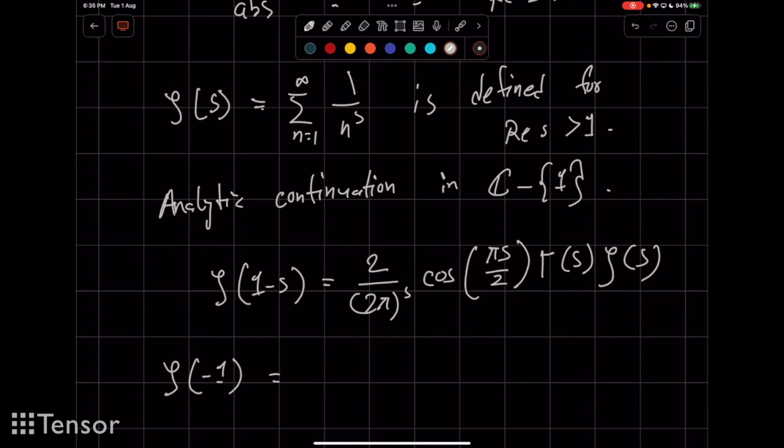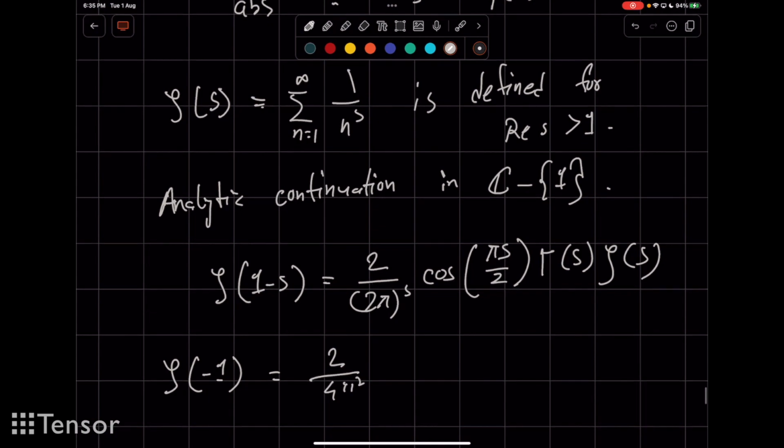It's 2 over (2 pi) squared, that is 4 pi squared, times cos pi, which is -1, times gamma of 2, which is 1 factorial, times zeta of 2, which is pi squared over 6. So it's -1 over 12.